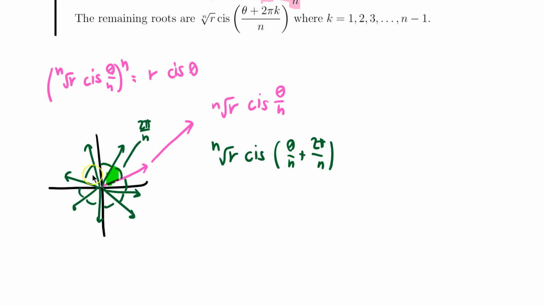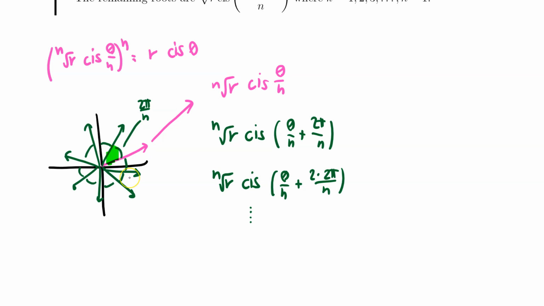And if I were to find the next one, I just have to keep adding 2 pi over n to my angle here. So it's going to be the nth root of r cis of theta over n plus 2 times 2 pi over n. And this will keep going. Because there are going to be n of them, there are going to be n minus 1 such green vectors here.